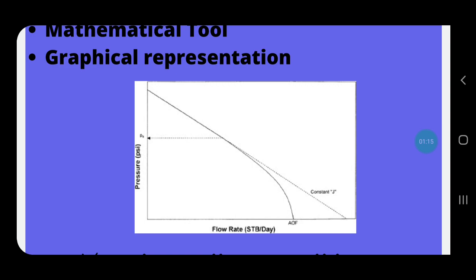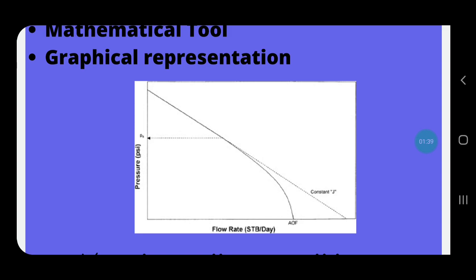This IPR can be thought of as a machine. If you give an input of PWF, you will obtain an output of Q value. Similarly, if you give an input of Q, then you will obtain the corresponding value of PWF.